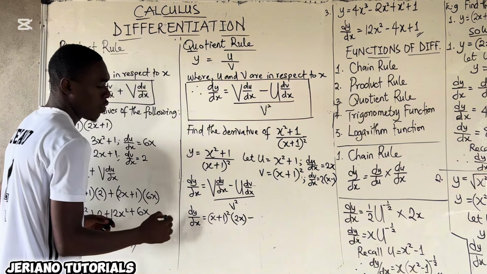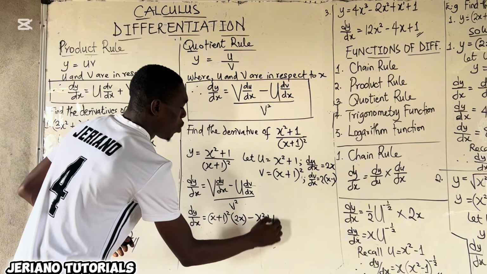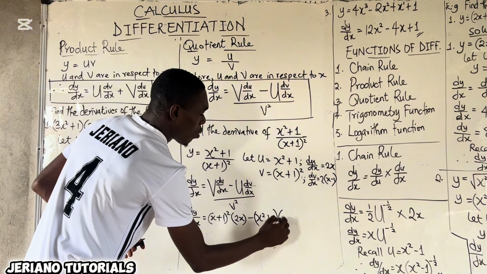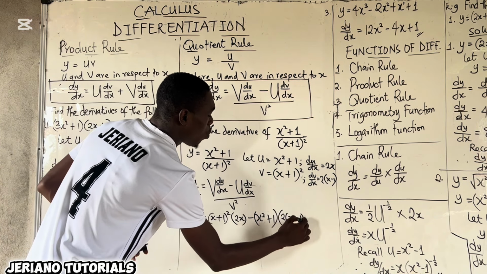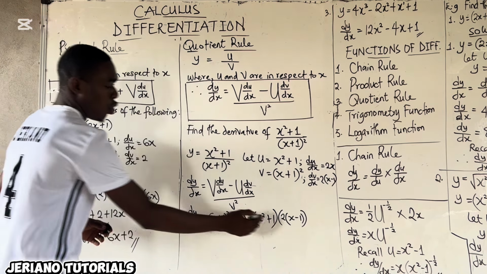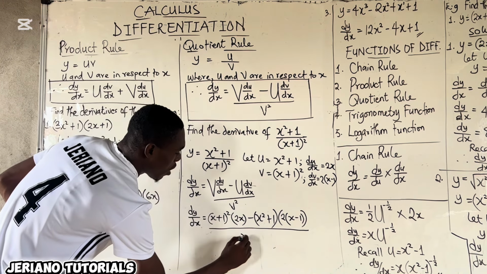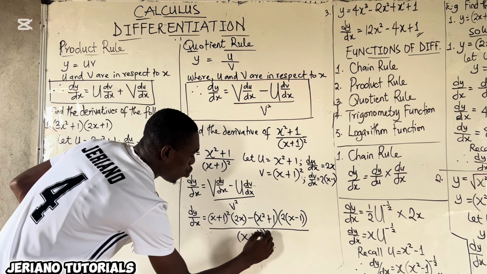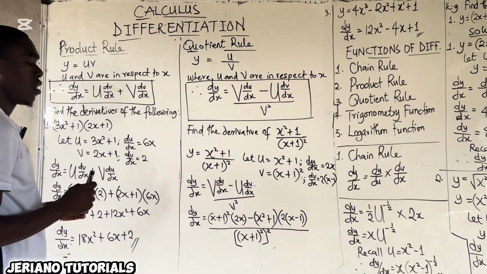Now minus u, which is actually x squared plus 1. The dv/dx is 2 bracket of x plus 1 over v squared. This is our v. Our v is x plus 1 raised to the power of 2, because it is what? v squared.